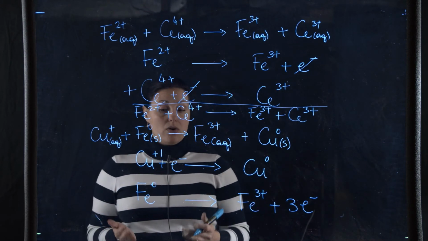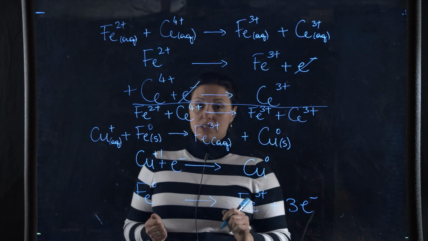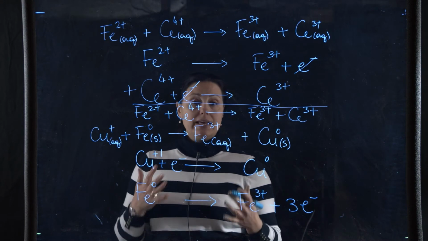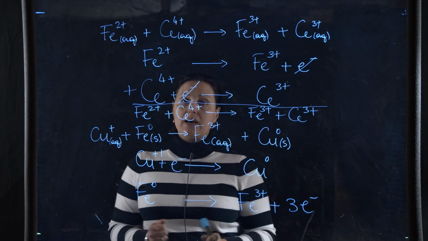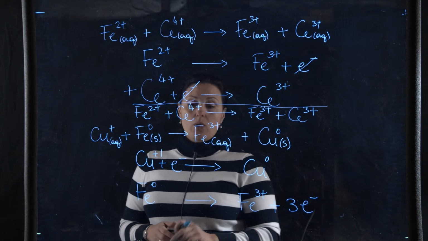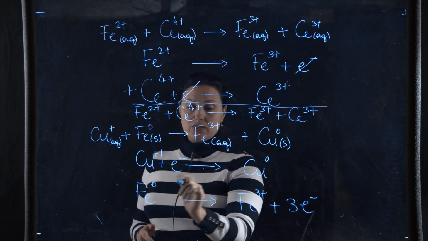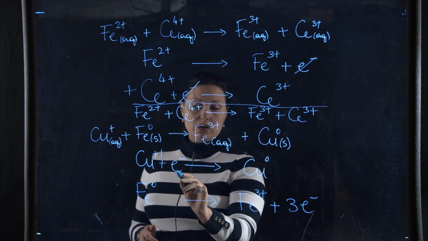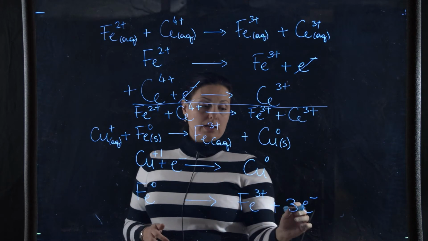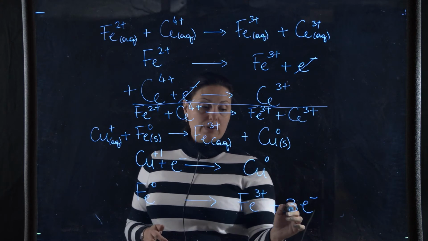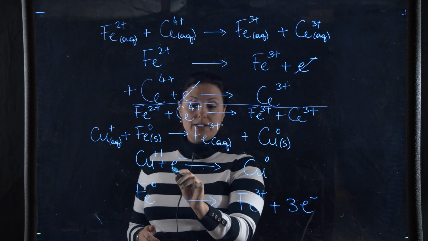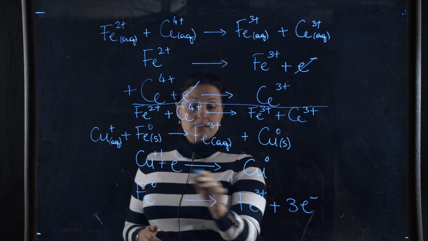Now I can add up these reactions together and then cancel everything that appears exactly the same. I can look at this reaction and see that this electron over here is an electron like this one, but I have 3 of them here and only 1 here, which means that I need to make this equal.